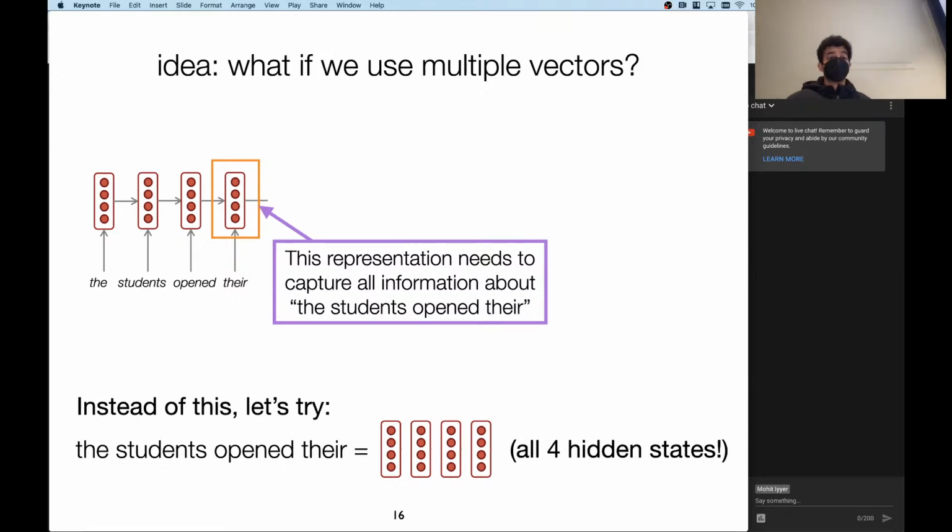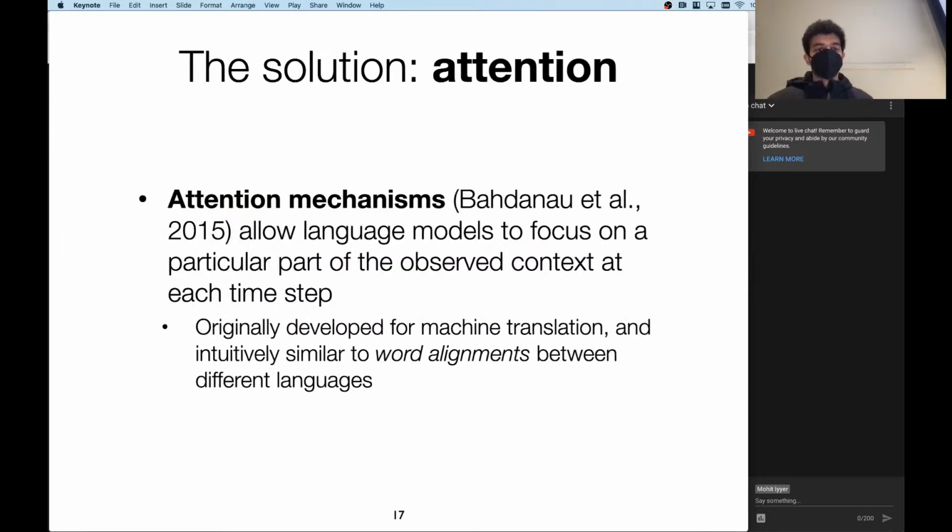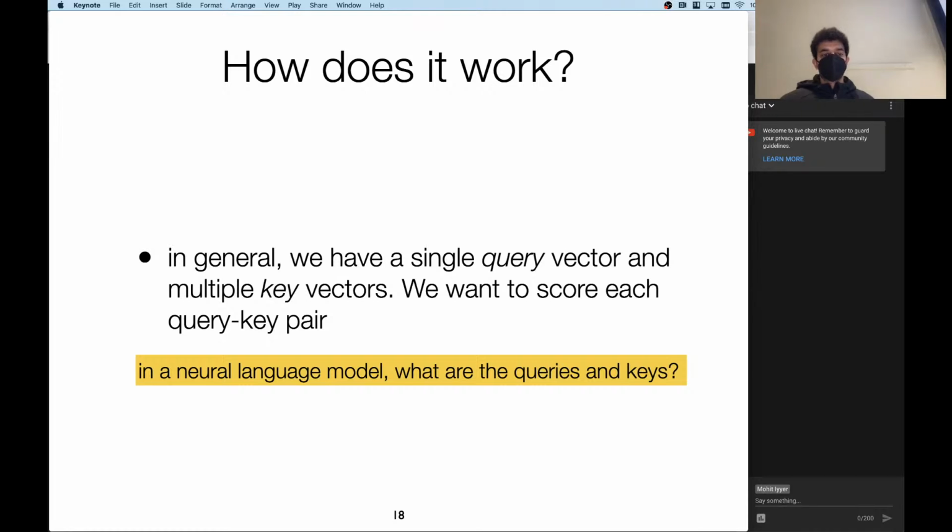This is one way to look at it. We'll see later in this class another way where you perform some projections of your word embeddings and use those as keys and queries, but that's a little bit in the future.